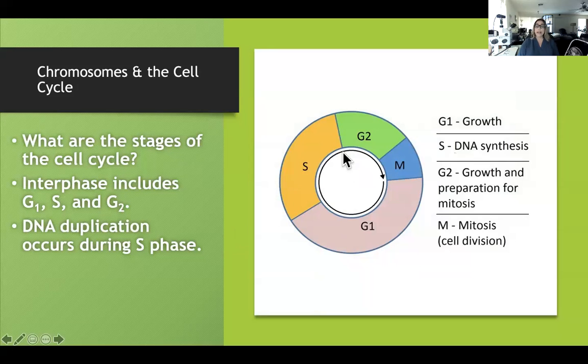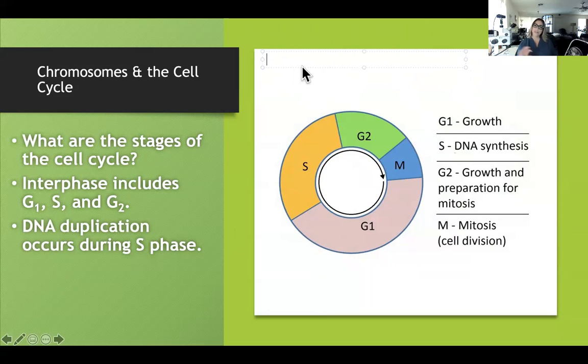So now we are going into the cell cycle. The cell has a life cycle, just as regular organisms do, and there are 4 parts to the cell cycle. I'm going to make a few extra notes for you here. The cell cycle begins with G1.